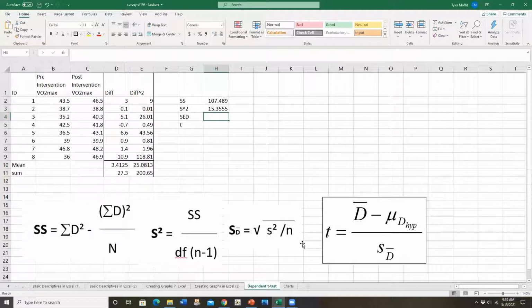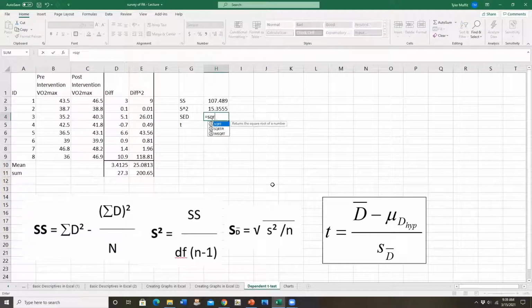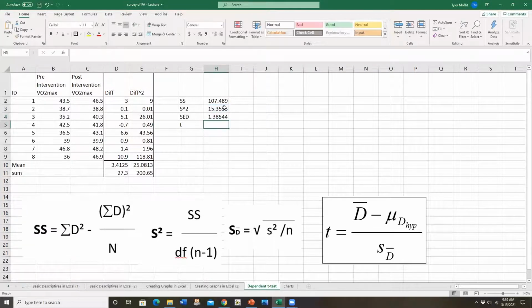Now my standard error of the difference is the square root of the variance divided by n. So equals SQRT, our square root function, and then I'm going to put my variance divided by my n to get my standard error of the difference.